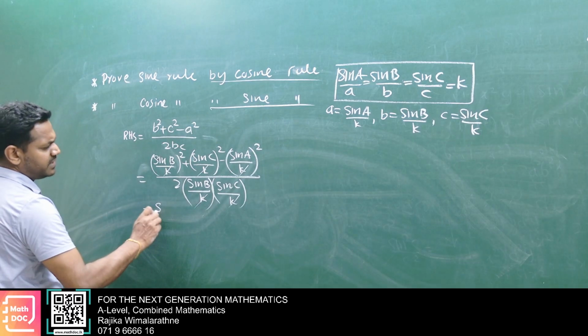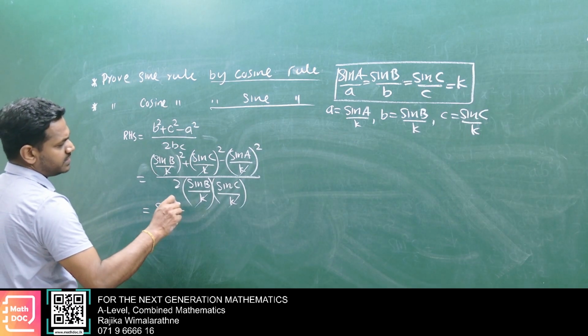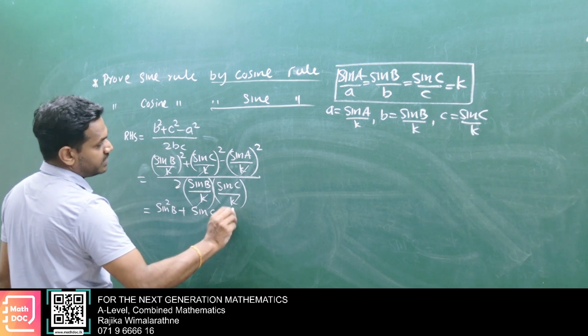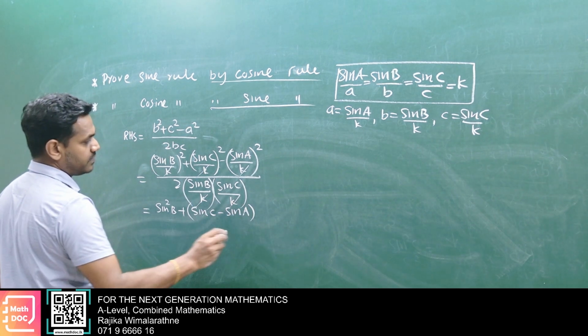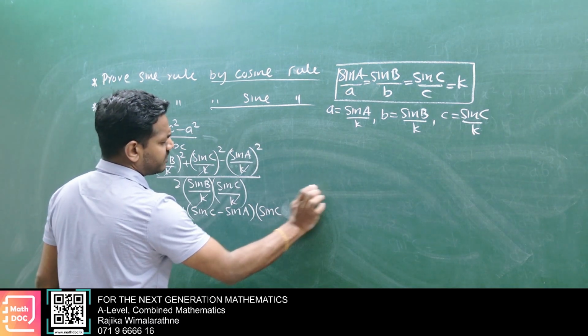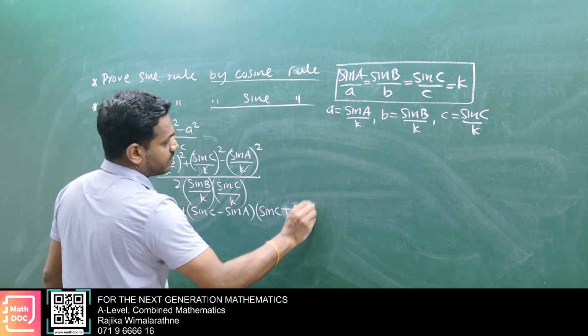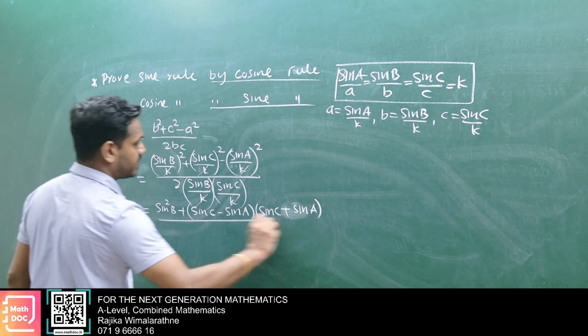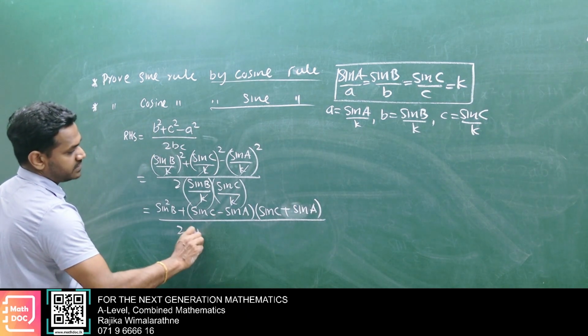Then here we have sin² B, and the difference of two squares, sin² C minus sin² A, which is (sin C − sin A)(sin C + sin A), over 2 sin B sin C.